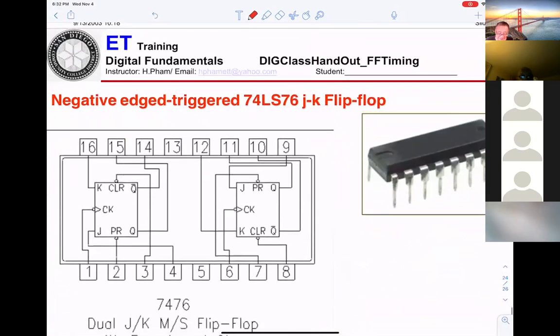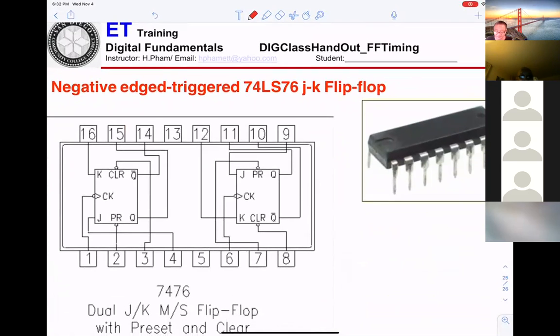And this one is the JK. The total will be 16 pins. Power will be on pin number 5, and 13 will be ground. That's a little special.